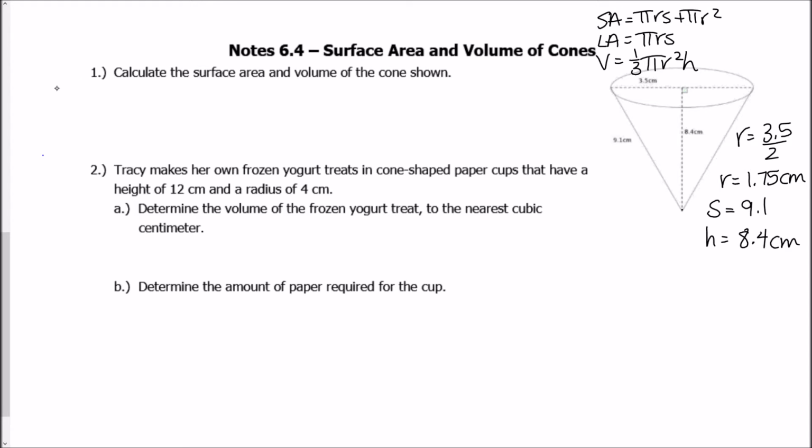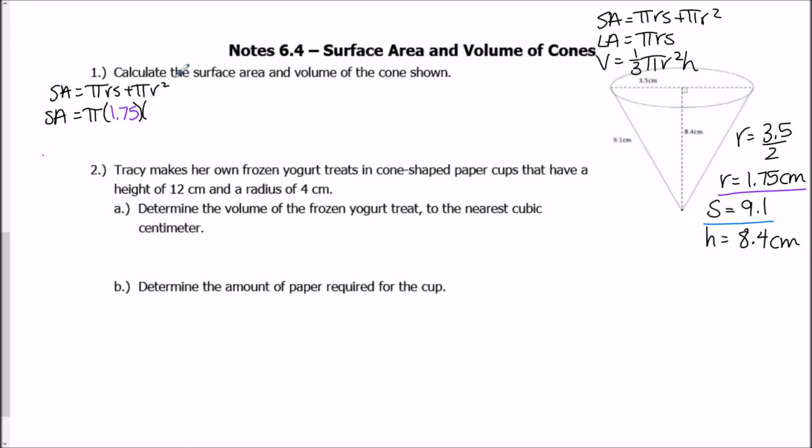So to find surface area, I'm going to do pi rs plus pi r squared. So here I end up getting surface area is pi times the radius, which we figured out is 1.75, times the slant height, which we figured out right here is 9.1.